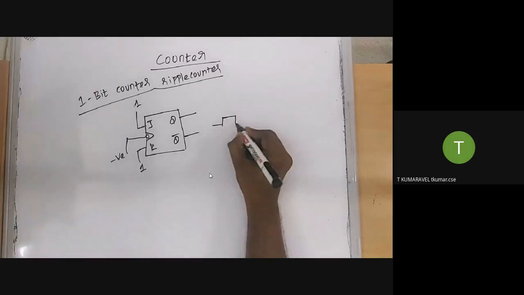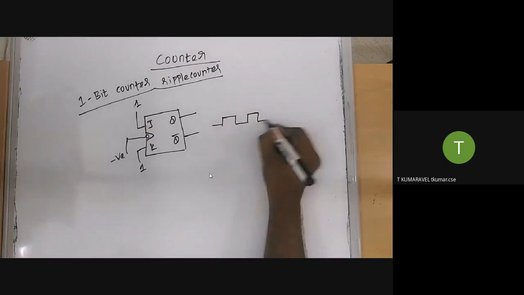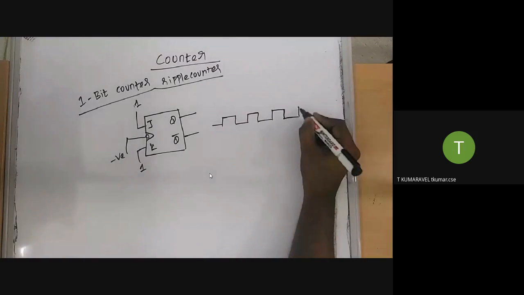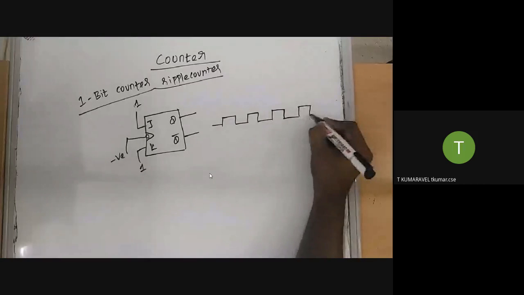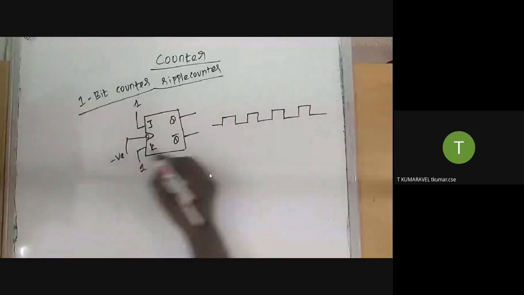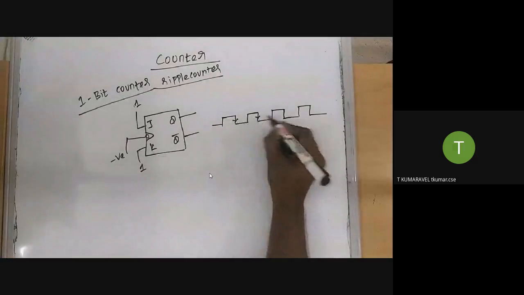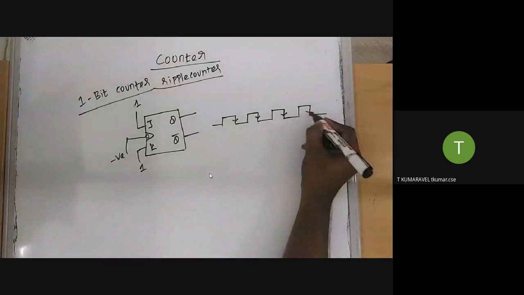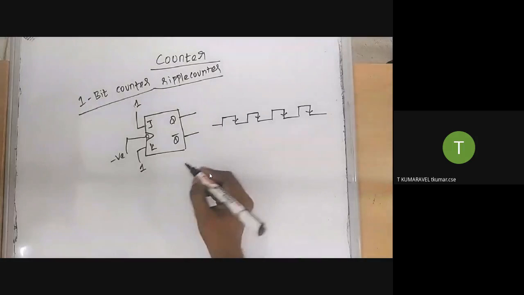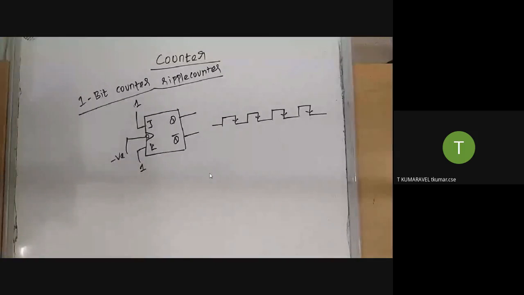What is the meaning of clock pulse? Only then can your flip flop work. Here we are providing a negative clock pulse. So whenever the negative edge occurs, only then the particular flip flop is working.